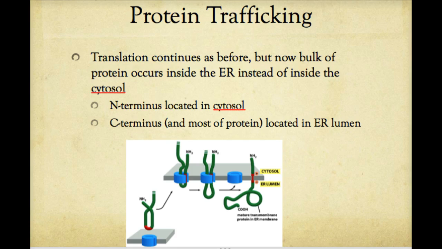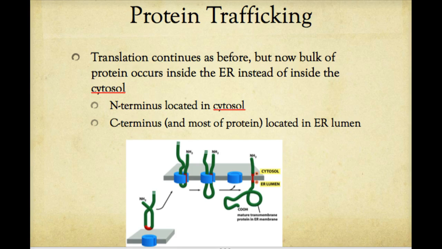Translation can occur in a way so that most of the protein ends up in the cytoplasm, or it can occur in a way so that most of the protein ends up outside the cell. And it all depends on whether or not the protein has an ER signal sequence on it and a stop transfer sequence, or just an internal start transfer sequence. That's going to determine how the protein ends up in terms of its orientation.